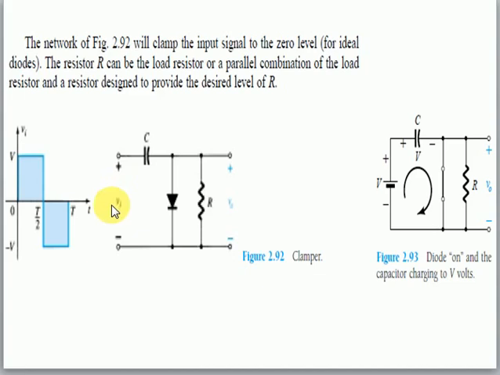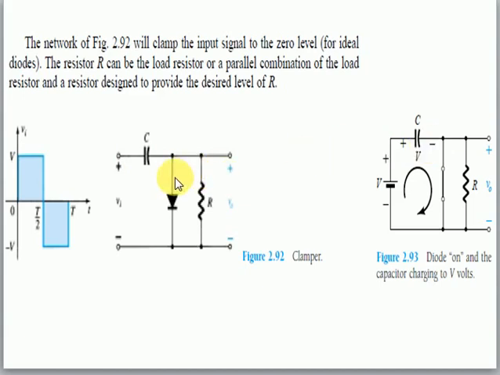So when we apply the positive cycle of value V at the input, the capacitor starts charging, and the polarity across the capacitor will be positive at the left terminal and negative at the other. Why is the positive here? Because the input positive is applied here, that's why this terminal is positive and this is negative.